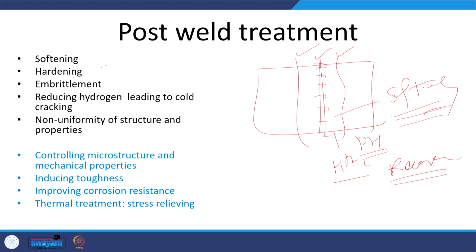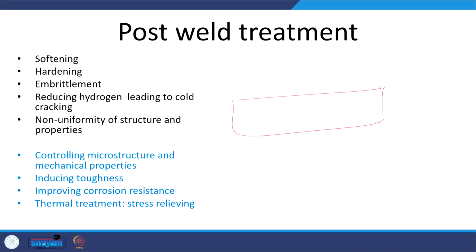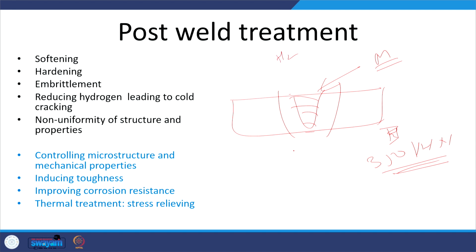As I have said about these two, softening I have already said. Now the third thing is, in fusion welding, especially in hardenable steels offering a hardness of 350 VHN or more in the weld and the heat affected zone, leading to the formation of martensite in the weld and the heat affected zone, in the presence of hydrogen, which can come from impurities or dissolved hydrogen, or hydrogen getting into the weld zone due to improper shielding.